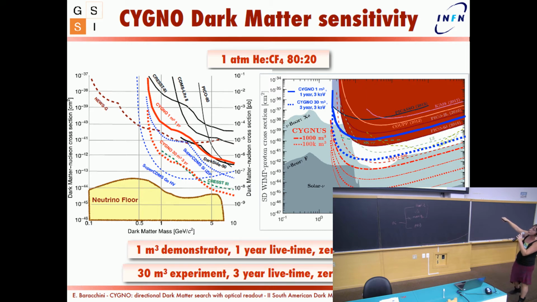And here, yes, you're showing Cygnus. The idea for Cygnus is to have 30 cubic meter detectors in 5 different laboratories, summed up. The real project for Cygnus is 1,000 cubic meters, then 100,000. It was just to show the projection.